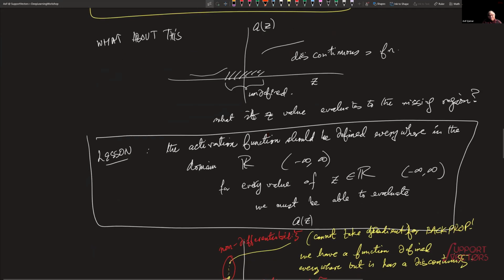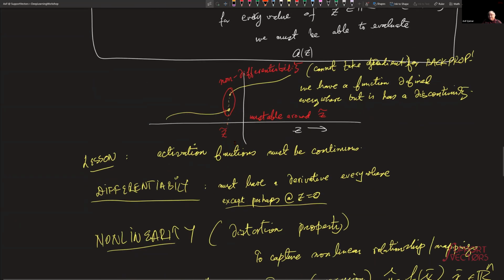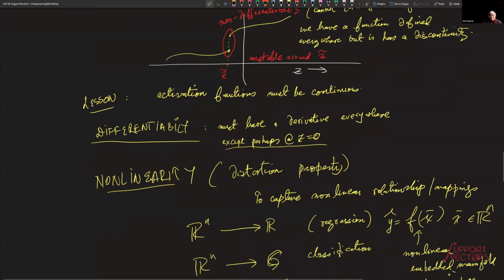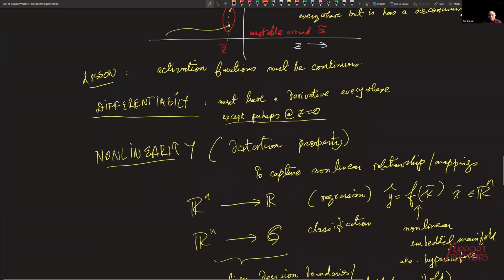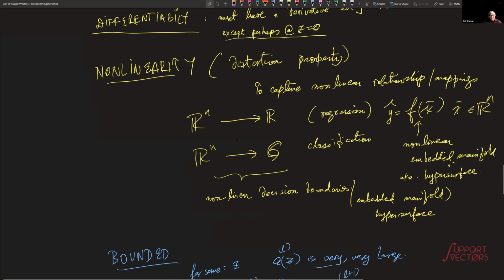It must be defined everywhere, and it must not have discontinuities because you lose differentiability, right? That's one thing. So it must truly be continuous. And then differentiability, it better have derivatives everywhere. The one special point where you can sort of get away by not having a derivative is Z equal to 0, but otherwise you should have derivatives.